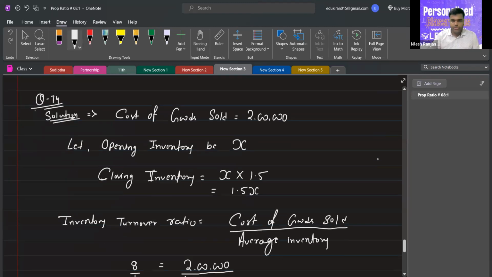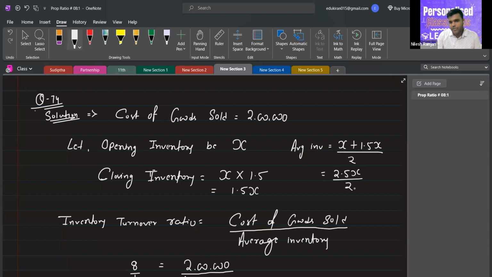We can also do this: average inventory is X plus 1.5X divided by 2. So you will get 2.5X divided by 2, or 1.25X. Yes?